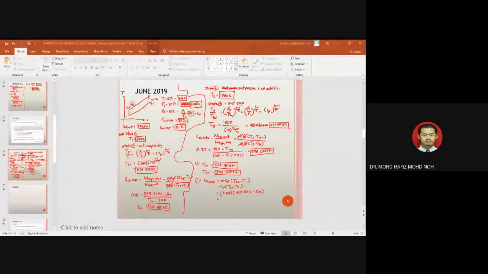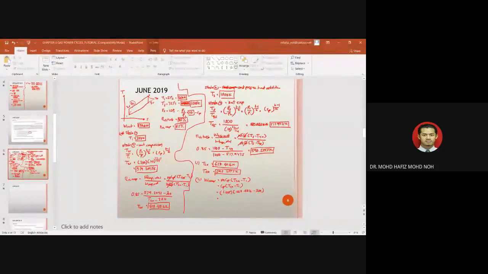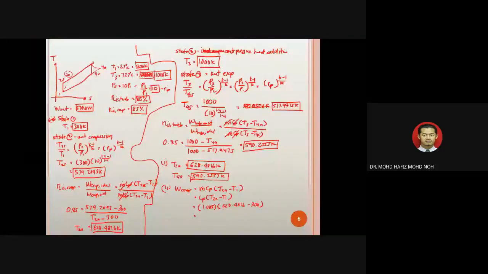So this is 330.124. 330.124 kilojoule per kg as per request by the question. Okay, right. So you settle the W compressor, and now you can move to W turbine.